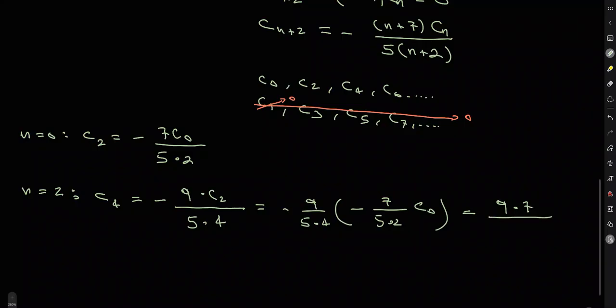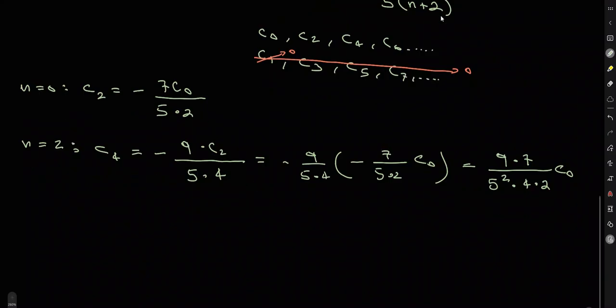Again, do not cancel any coefficients. So my advice here for this kind of exercise, I'm going to write this 5 times 5 as 5 squared, not as 25, because we might want to see a pattern with powers and all of that. And that times 4 times 2, and that times c sub 0.